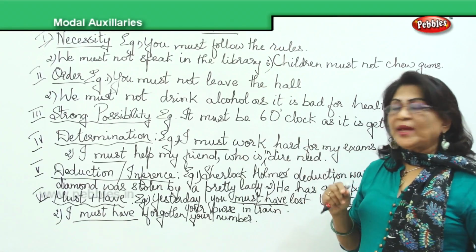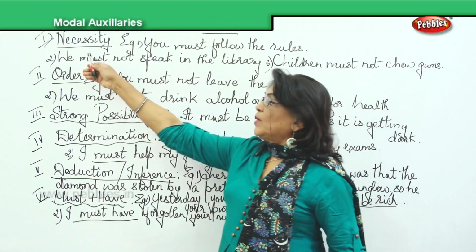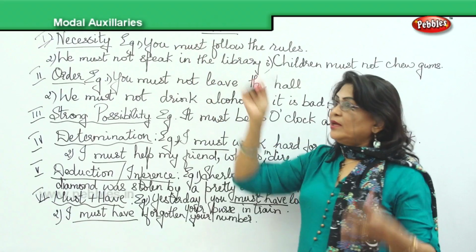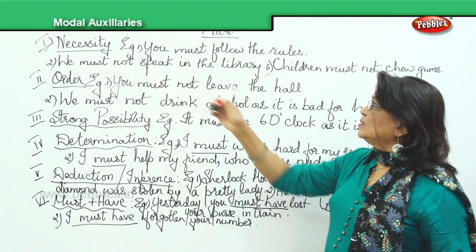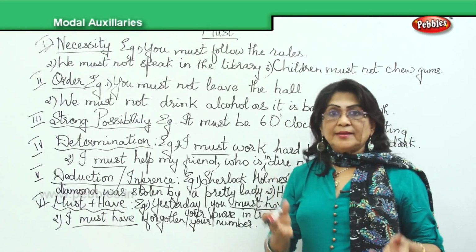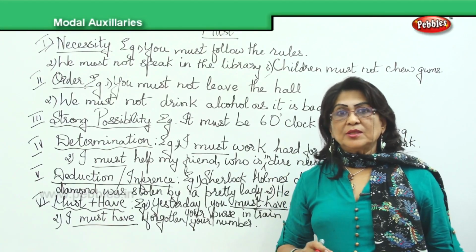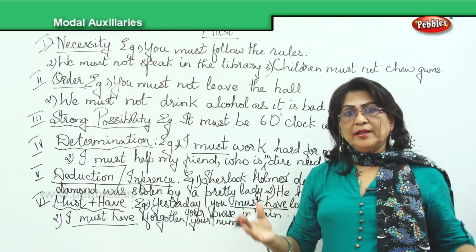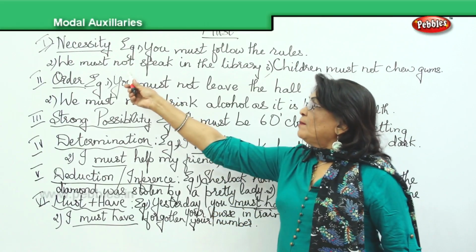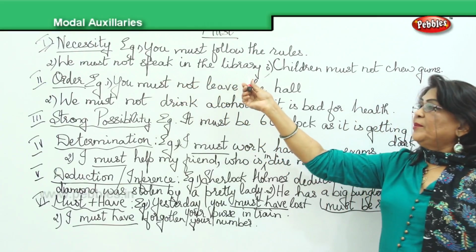Shall we have a quick recap? First one, necessity. That is when it is needed only we use. Okay, you must follow the rules. It is a necessity that you should follow the rules, isn't it? If you don't follow the rules, there will be complete chaos and confusion. We must not speak in the library.